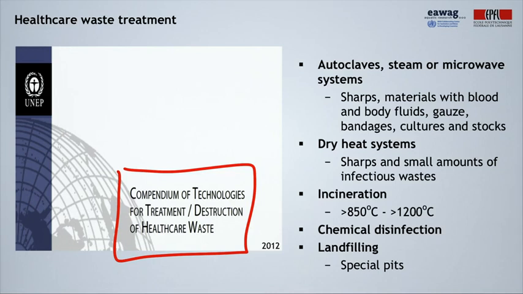Autoclaves, steam or microwave systems, those use wet heat. Then we have dry heat systems. Those are usually adapted for smaller amounts. Then there is incineration, but there we need to pay attention that we might create dioxins. Finally, chemical disinfection or landfilling with special pits.